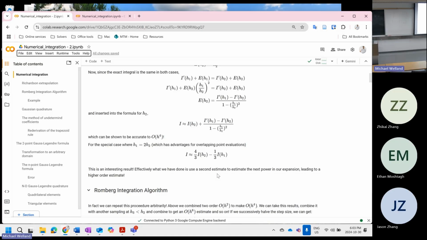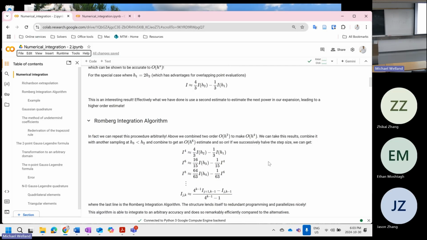So what this boils down to, once you group all your terms, is that your exact integral is approximately a weighting between your highest precision integral approximate, and you're subtracting off a little bit from your lower one. That pattern is repeated, so you can do this recursively, and you can get from order h^2 to 4, 6, 8, however many you want, just by subtracting off more and more of these iterations.